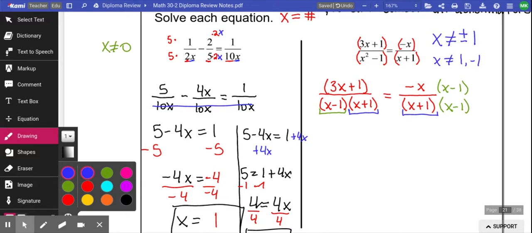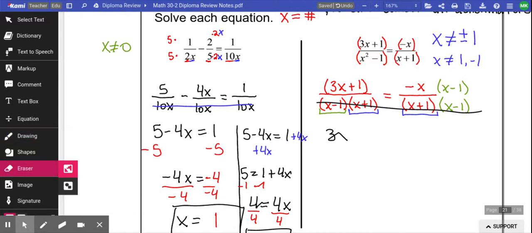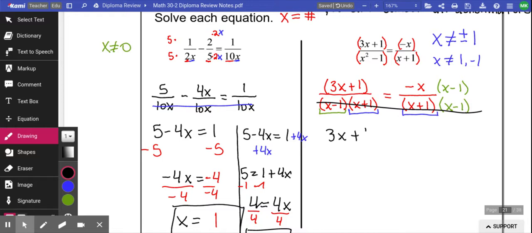Therefore, I can cancel out my denominators, and I am left with 3x plus 1 equals negative x times x minus 1. Beautiful.